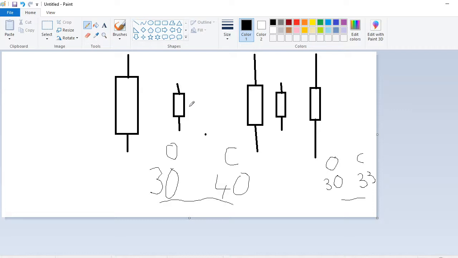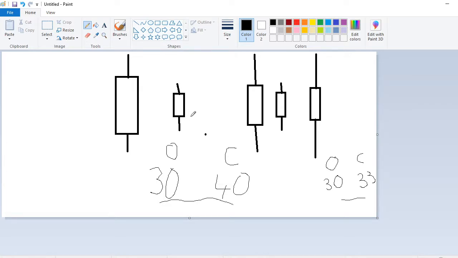It may be a trend-following candle or it may be a trend-weakening candle, but it is not a trend-deciding candle. It can show you the trend is getting weak. That's it. So if the body is big, it's a trending candle, and if the body is small, it's a weak candle, right?